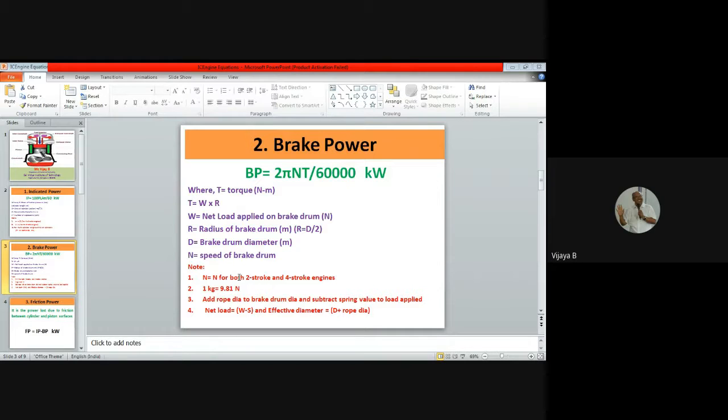And if the spring value is also given, then it should be deducted from the load. Therefore, net load will be W minus S. This is the note one must remember with respect to BP. And please note BP is always less than IP.